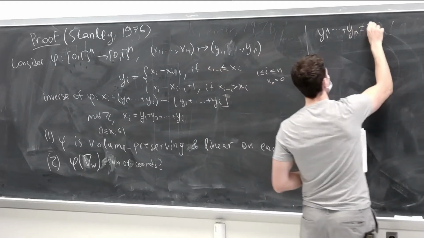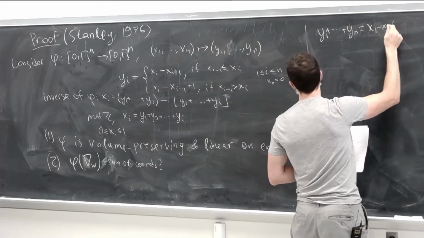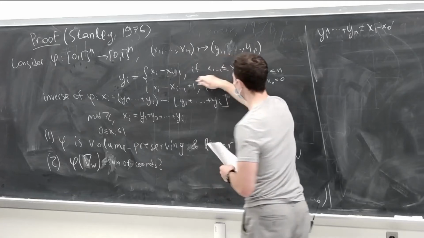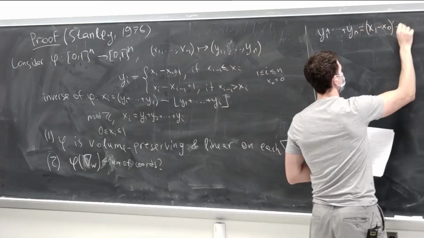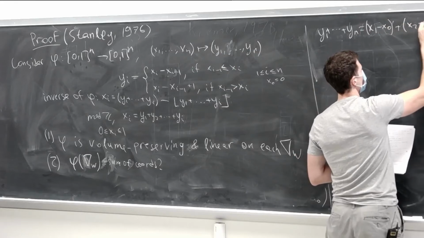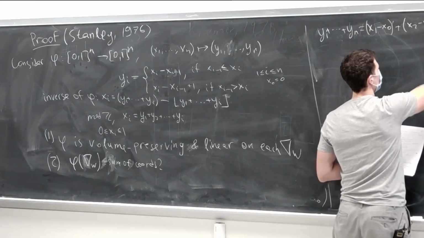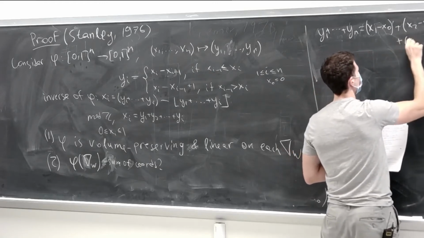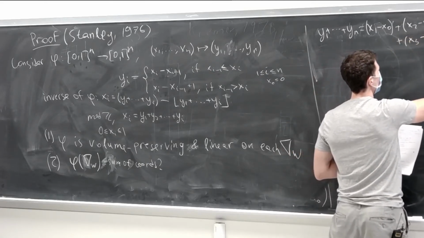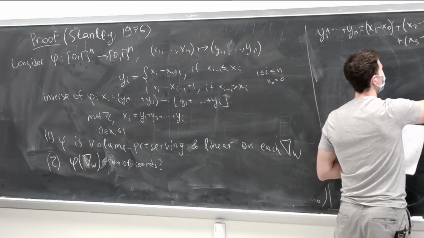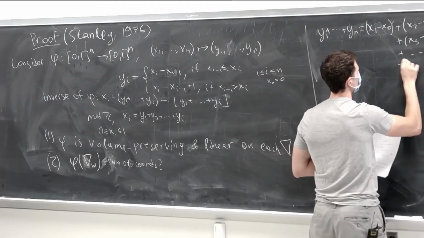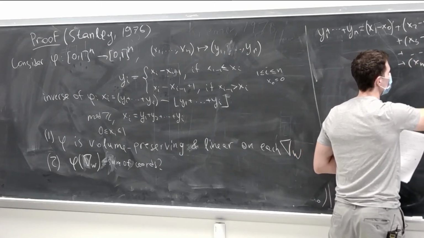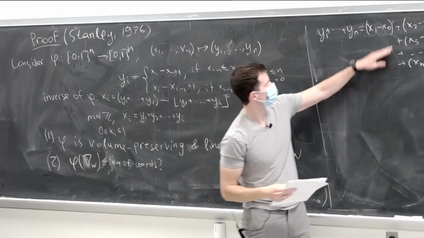So you have x1 minus x0, but actually x0 is 0, so you always use this formula. Then you have x2 minus x1, sometimes plus 1, depending on w; x3 minus x2, maybe plus 1, etc.; xn minus x(n-1), maybe plus 1.